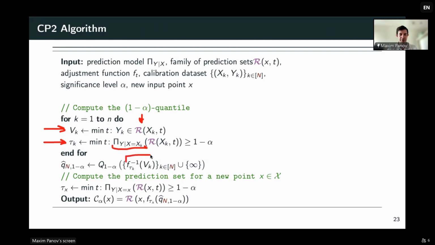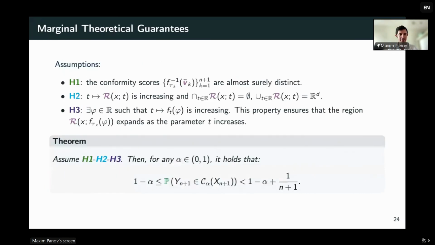Then we compute transform scores, compute the quantile. That will be our threshold for conformal prediction. Finally, for the new test point x, we compute again tau from our approximate model, and we compute the final set based on the quantile. So that's the algorithm, and we call it the CP2 algorithm. All right.